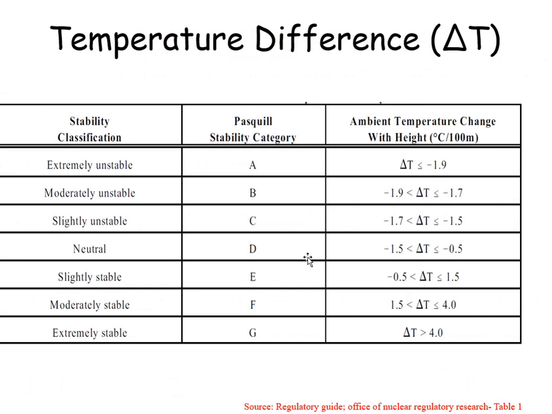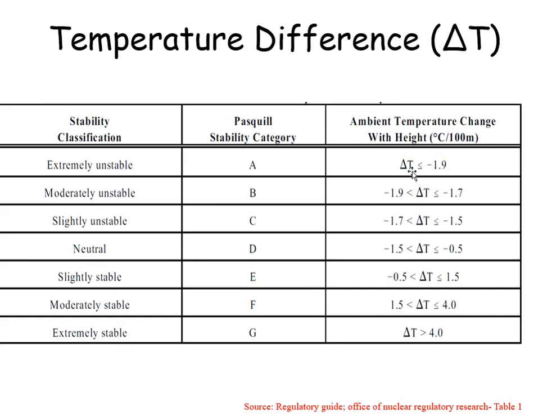This is showing the classification of different conditions, like the extremely unstable environment, moderately stable environment. They classified them as A, B, C, D to define that. And this stability depends on the temperature.